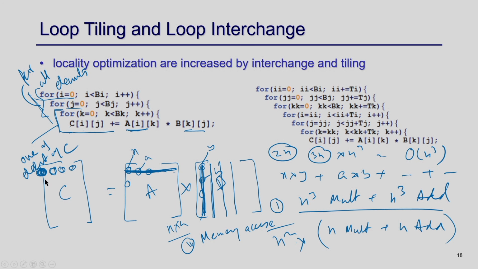What I mean is, say I just take these 3 elements and multiply with these 3 elements, and I store the value here. So it is not completed yet, right.